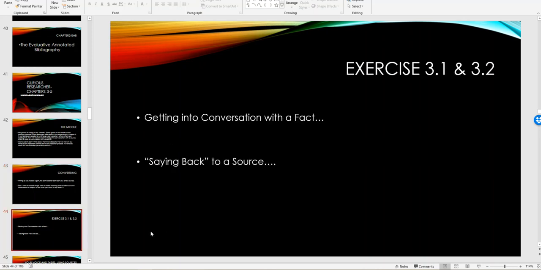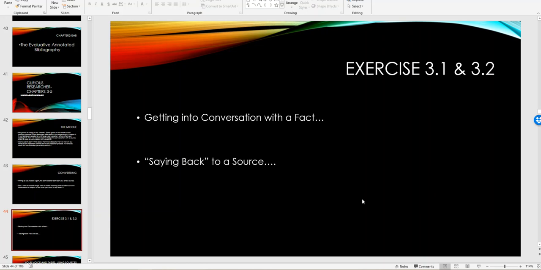A couple of good exercises to work through on your own as you're going through Chapter 3 would be exercises 3.1 and 3.2. Saying back to a source, getting into conversation with a fact, is always a great one when I talk about the looks of men and women's perceptions of looks and attractiveness. In exercise 3.1, I guarantee you I can always stimulate a full 50-minute in-class session with that particular activity.